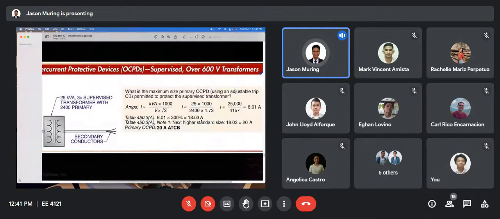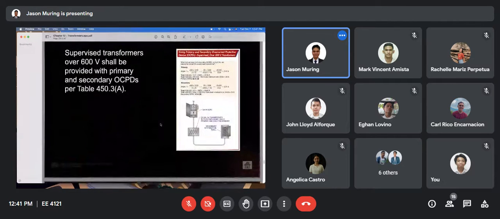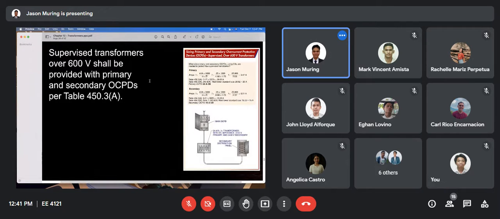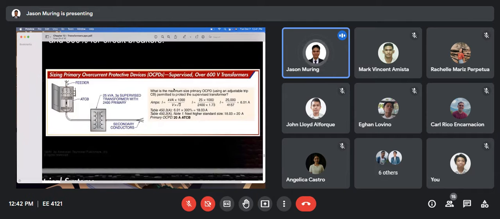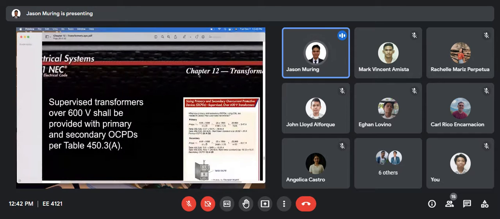So we have here 18, so we use 20 amperes. Then this is another supervised transformer. So what's the difference between these two? 600 supervised, over 600.